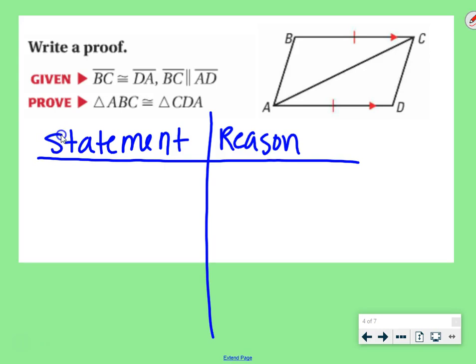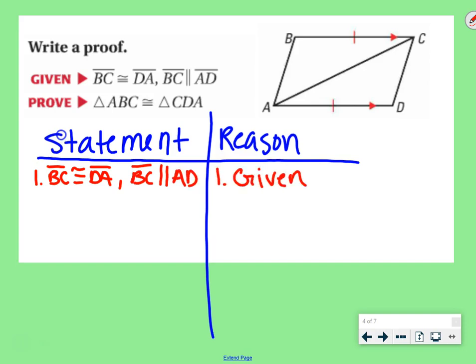Statement 1 should always be your given. So we have BC is congruent to DA and BC is parallel to AD, reason 1. That is our given.